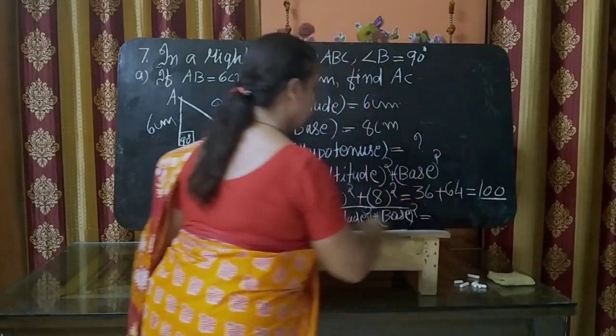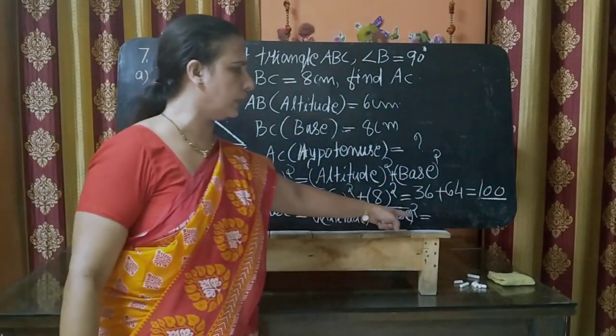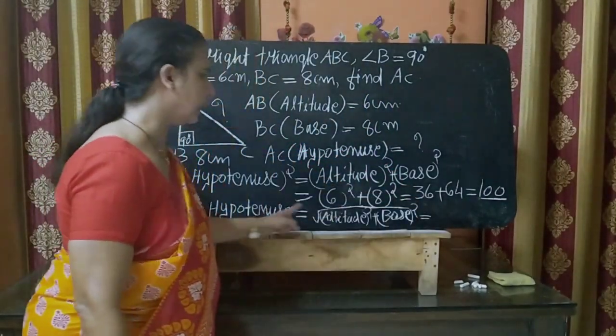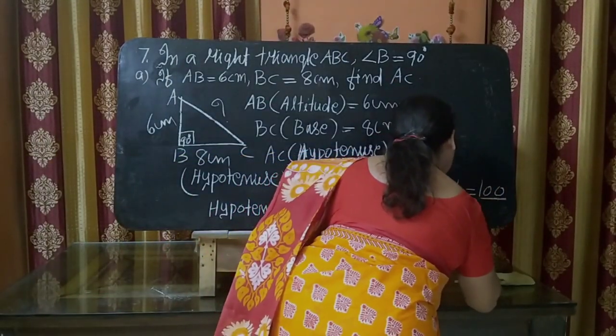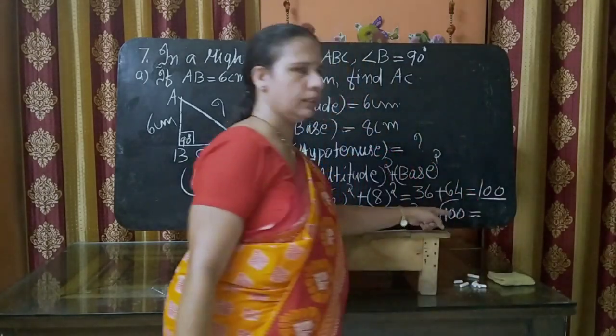We got the sum of altitude square plus base square as 100. Then take the square root of 100. Square root of 100 is what?